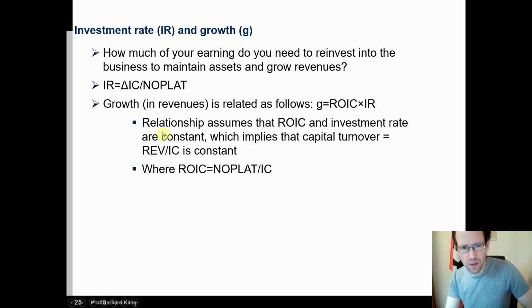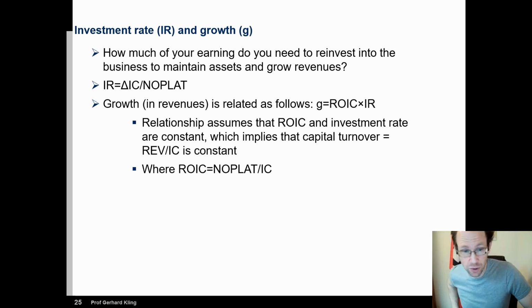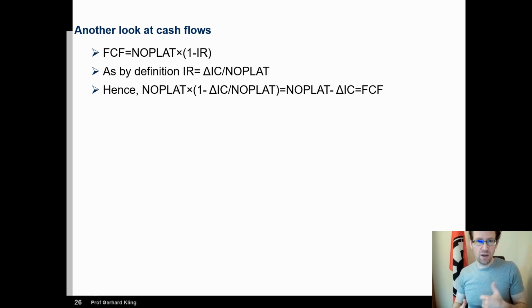And of course, we have to make certain assumptions here. One assumption we make is that the capital turnover, which is another useful measure for asset utilization, so revenue relative to invested capital, is constant. Again, we could of course split this further if we analyze this in a business case. So there are other ways to look at cash flows as well. I just derived some further relationships, but they just follow from our definitions of the reinvestment rate.